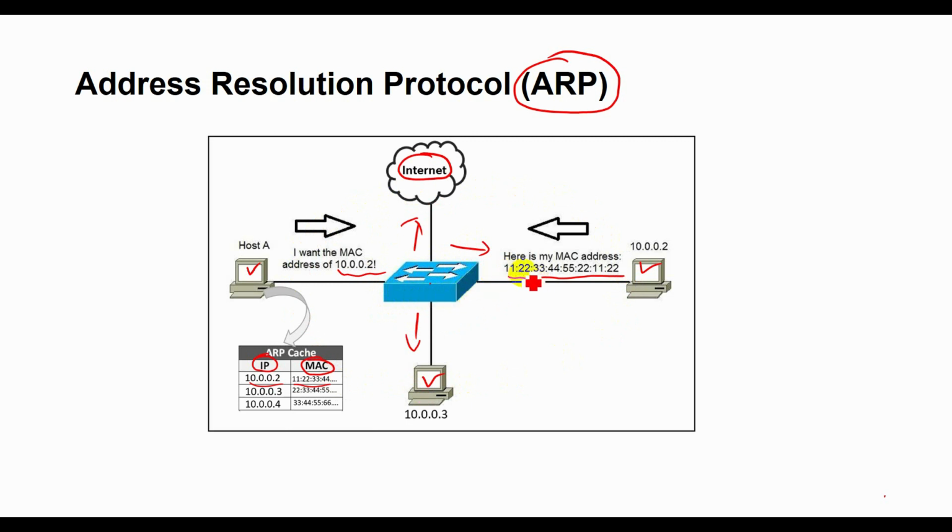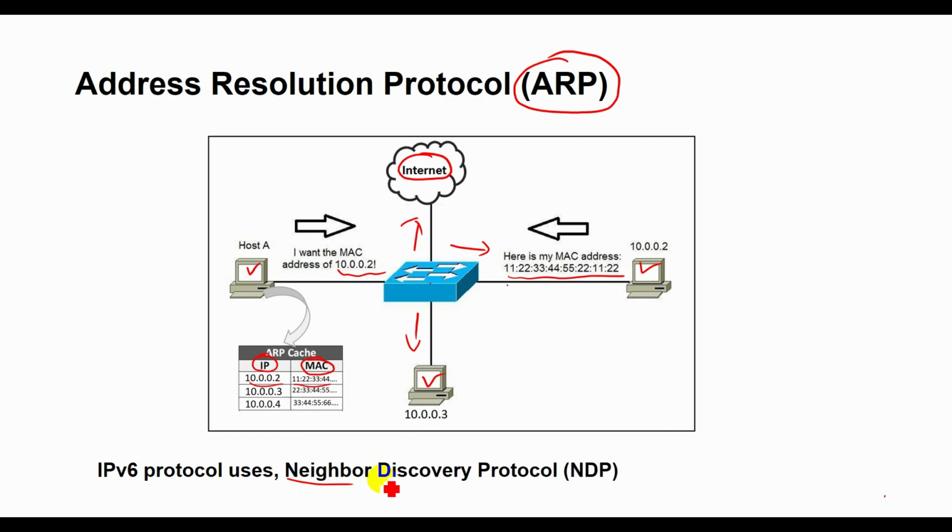ARP only works with 32-bit IP addresses in the older IPv4 standard. The newer IPv6 protocol uses a different protocol called Neighbor Discovery Protocol or NDP, which is secure and uses cryptographic keys to verify host identities. However, since most of the internet still uses the older IPv4 protocol, ARP remains in wide use.